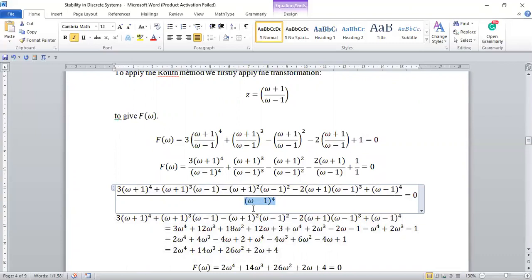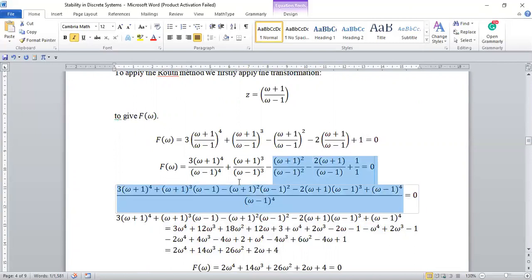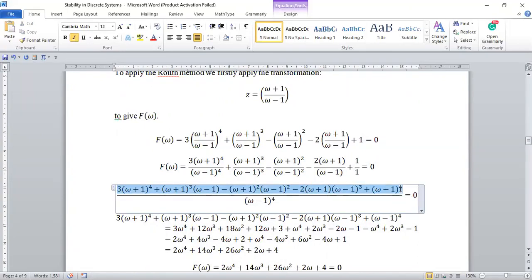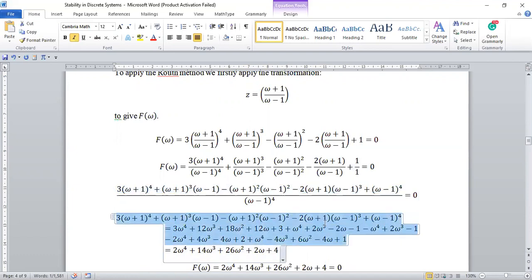So we bring the common denominator out, and we factorize in order to get this. Then when you cross multiply, 0 times omega minus 1 raised to the power 4 is 0. So we just end up with the numerator being equal to 0. And when we bring it out here, you arrive at this.